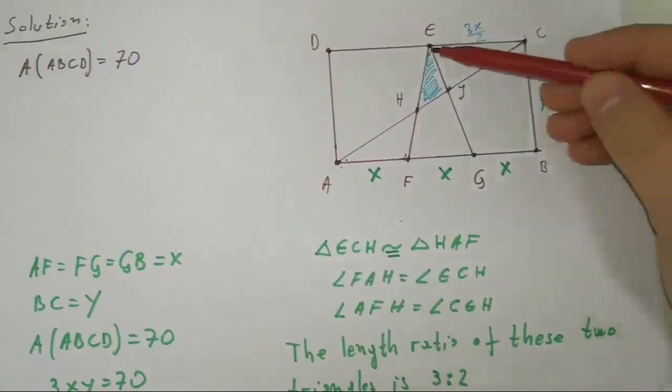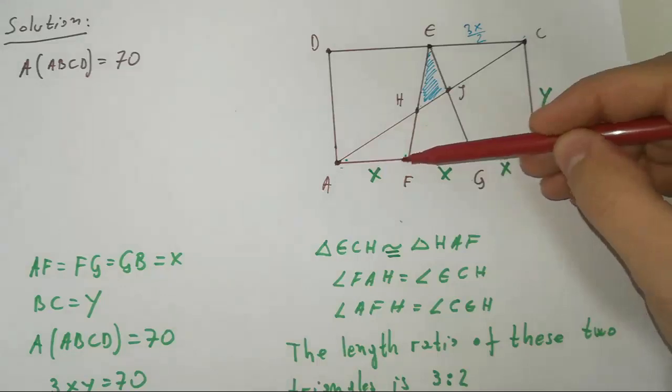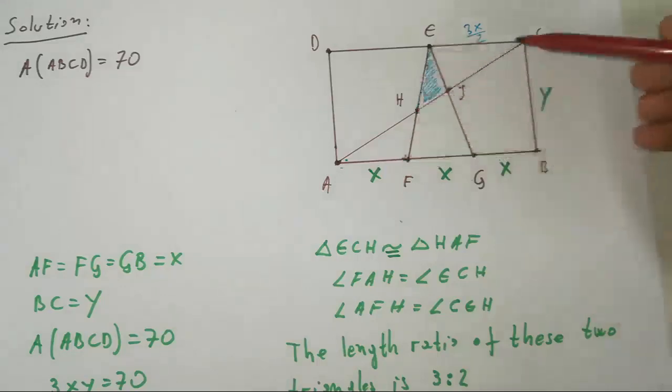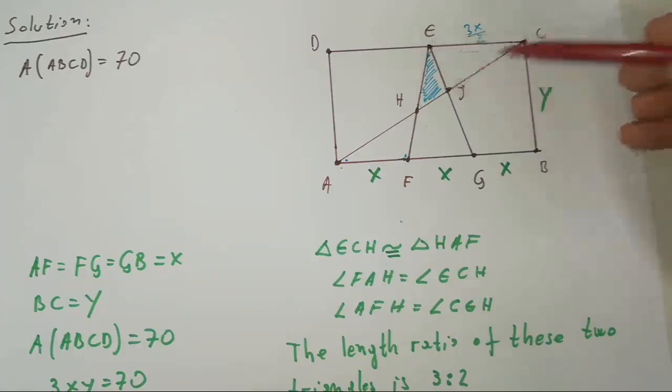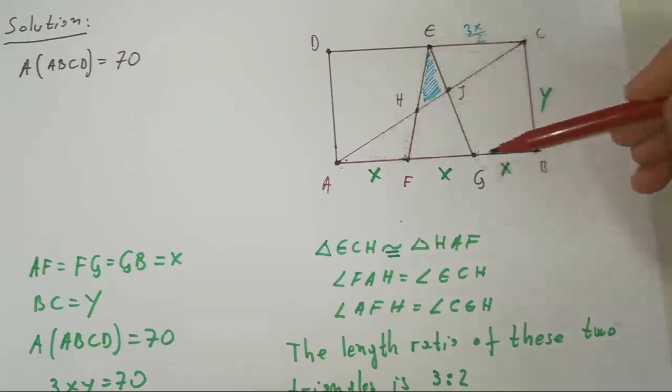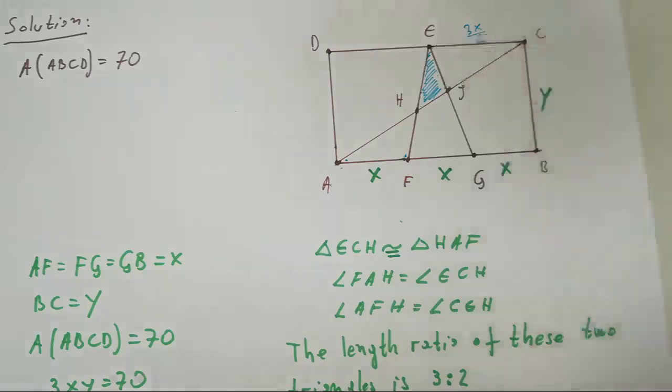Now what you need to do, a hint: now we used this triangle EHC and HAF. We found the area of EHC. Do the same thing for the triangles AEJC and AJG, and you will find the area of EJC.